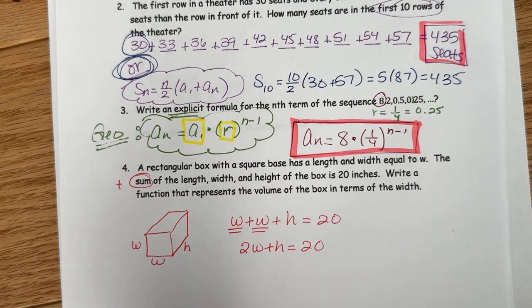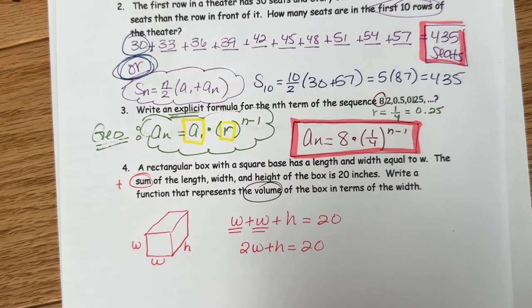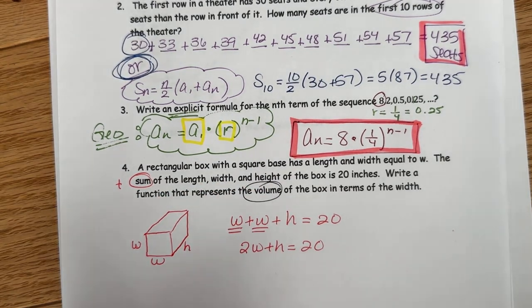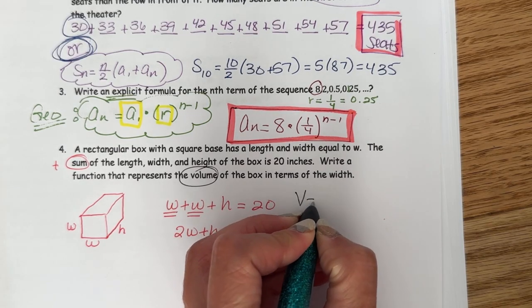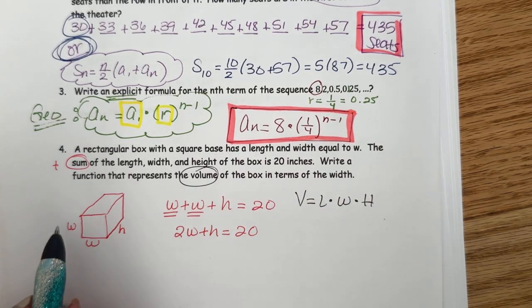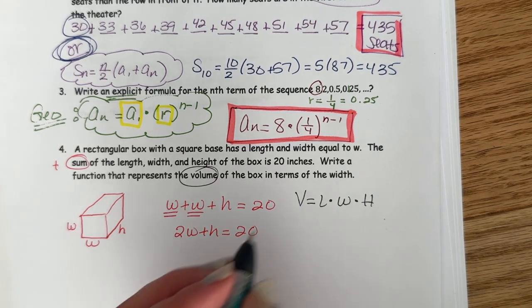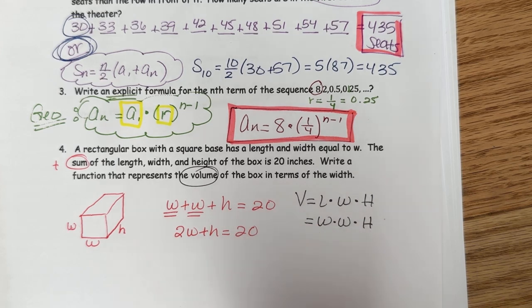Okay, so then it says write a function that represents the volume of the box in terms of the width. Well, volume of a rectangular prism, just like our last partner quiz, is volume equals length times width times height. Well, length and width are using the same letter, so it's going to be W times W times height.